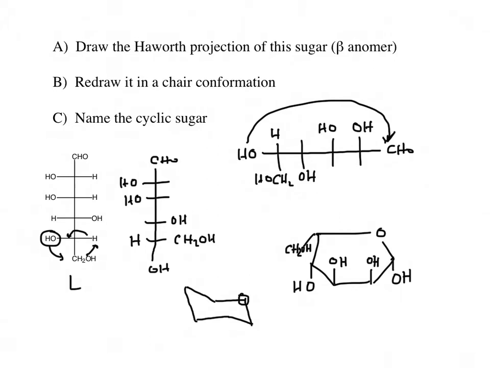So, the anomeric carbon, which is this bottom part of the chair, like the foot part, the OH is down. That happens to be axial. So there it is. Then the next one, the OH is up. That happened to be axial as well. Then the next one, going around, the OH is up. Equatorial.